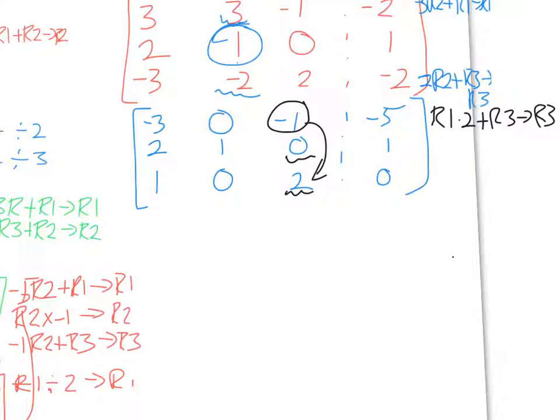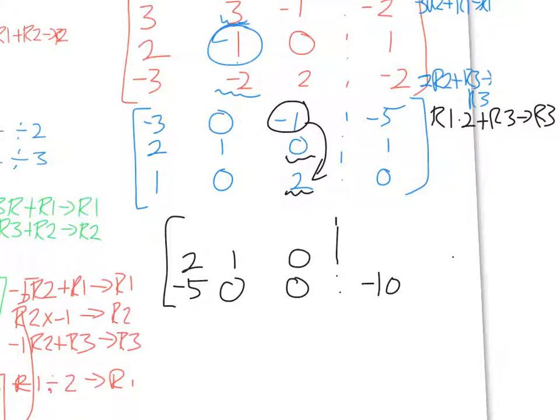So we end up with, for row 3, negative 3 times 2 is negative 6, plus 1 is going to be negative 5. We get 0. Then we get 0. And 2 times negative 5 plus 0 is going to be negative 10. I'm going to keep row 2 the same for now. 2, 1, 0, and 1.